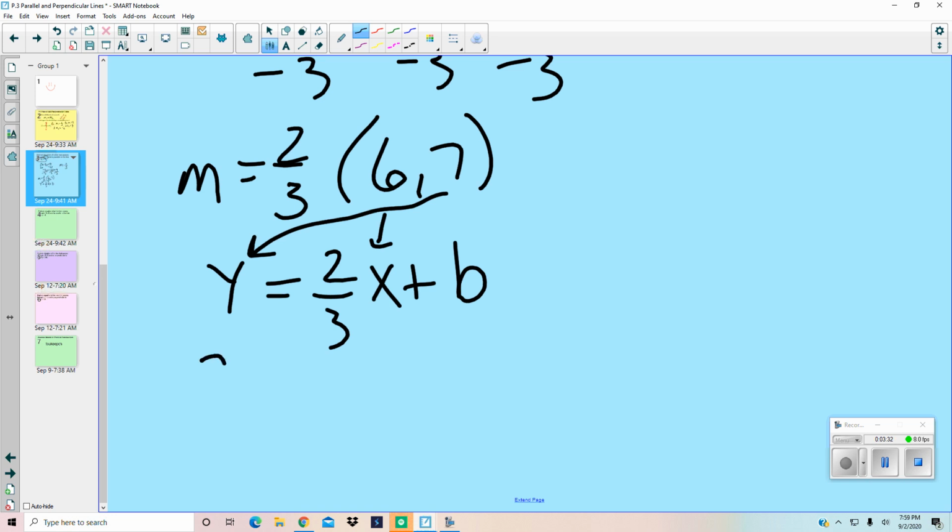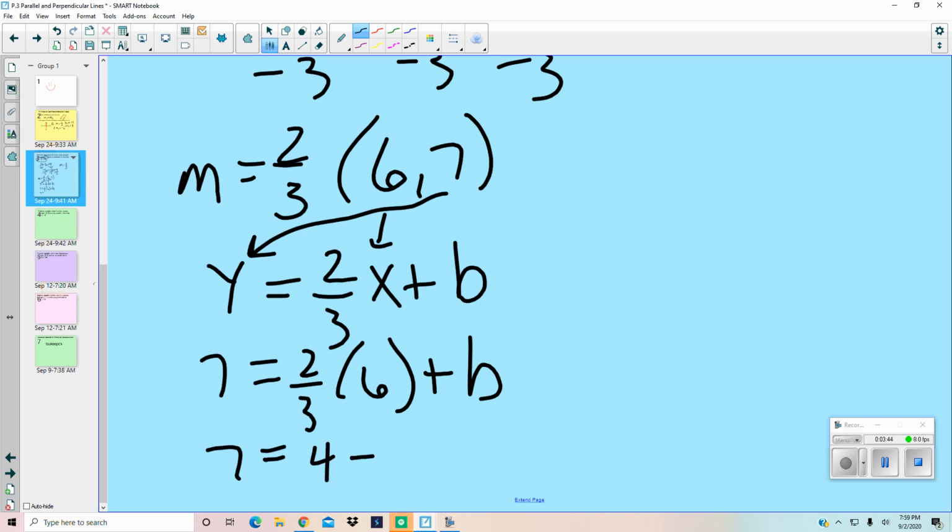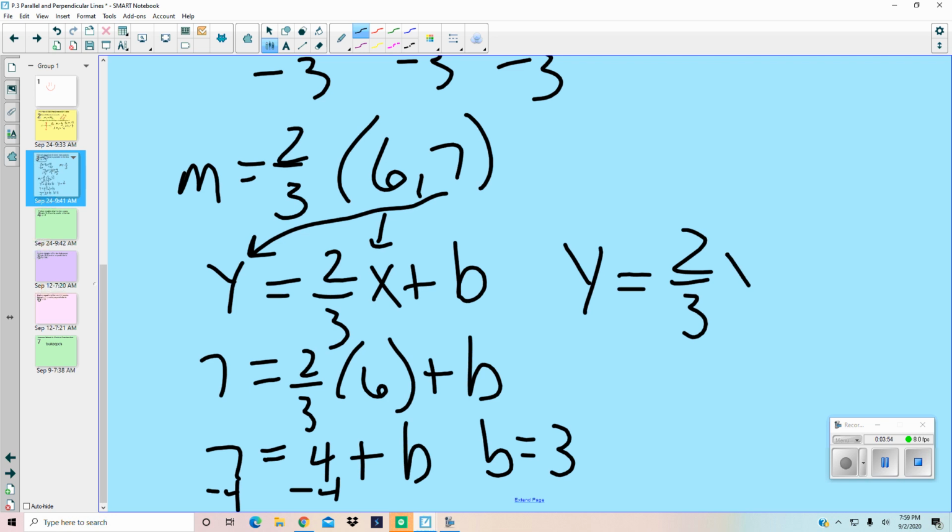So I would have 7 equals 2/3 times 6 plus b. That's going to give me 4 plus b. So I subtract 4 and I get b is 3. So my final answer is going to be y equals 2/3 x plus 3. That is one method, and that's the method you'll see in Delta Math.